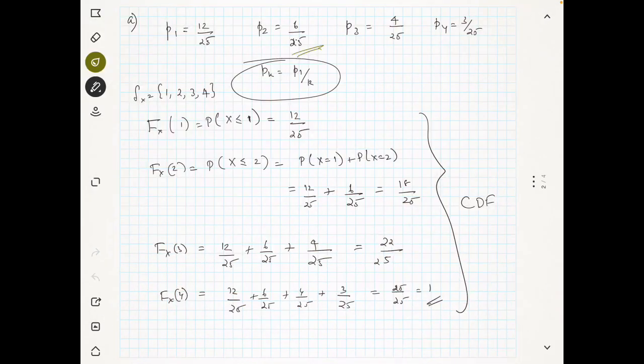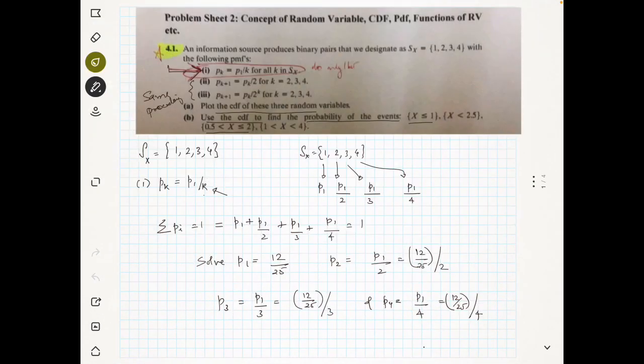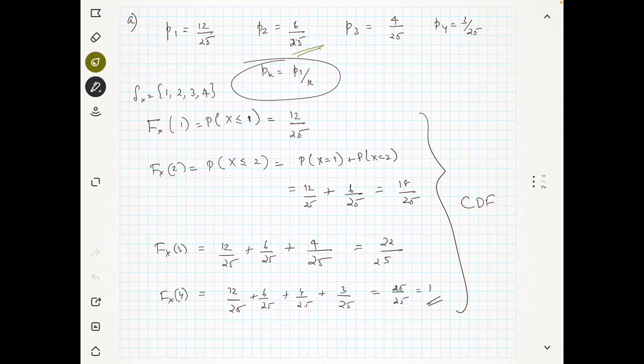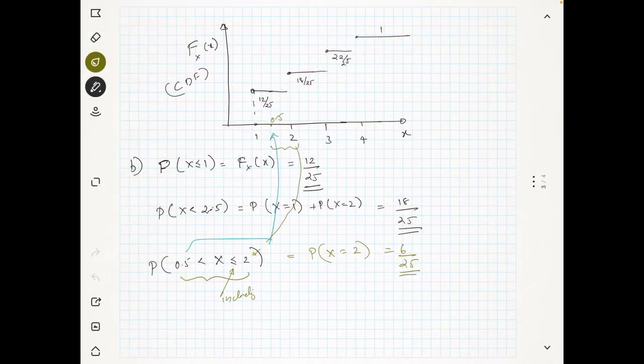Next is x between 1 and 4, but not including 1 and 4. So the probability that x is between 1 and 4: you cannot include 1, it is just greater than 1 only.